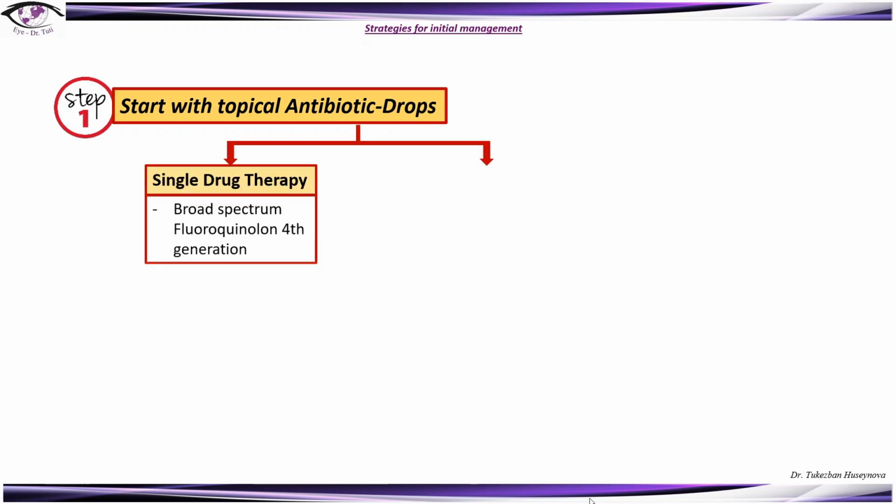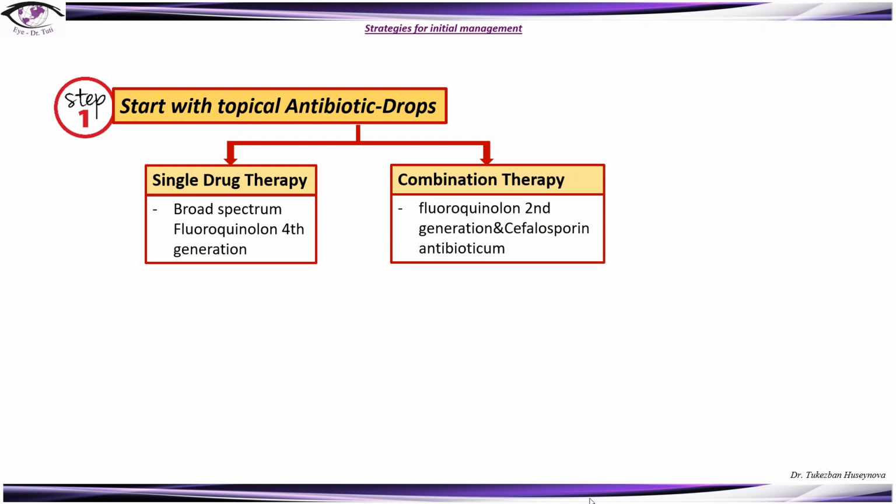Here we start with single drug therapy or combination therapy. For single drug therapy, you may use a broad spectrum fourth generation fluoroquinolone, or for combination therapy, a fluoroquinolone, for example second generation, with cephalosporin antibiotics. Combination therapy is just up to you. You can use different types of antibiotics. The main purpose is just to get a broad spectrum of coverage.